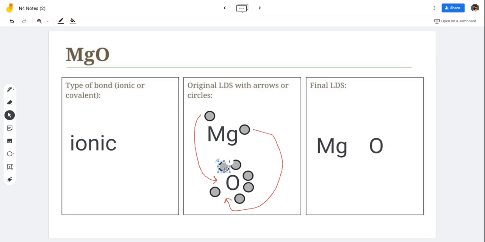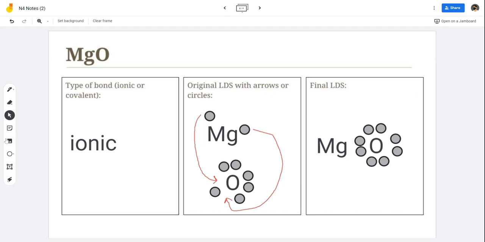So I'm going to redraw my atoms. Oxygen now has 8. Magnesium has an empty outer shell, at least according to this Lewis dot structure.